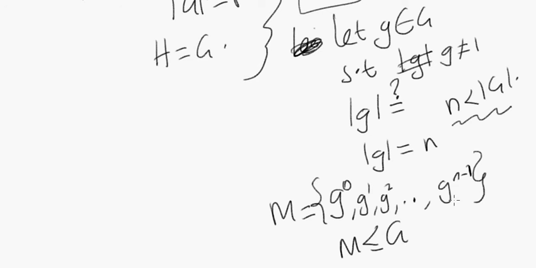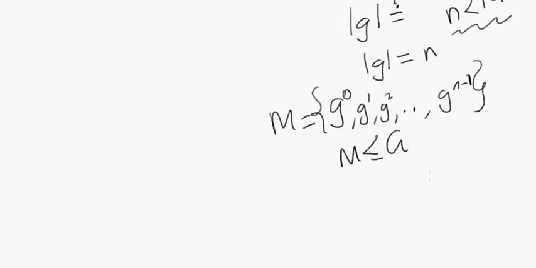If this cyclic group M generated by little g is a subgroup of G, but the order of M equals n, which is less than the order of G, right?